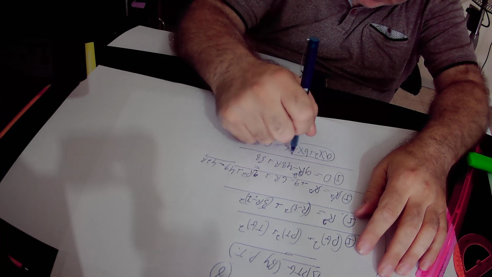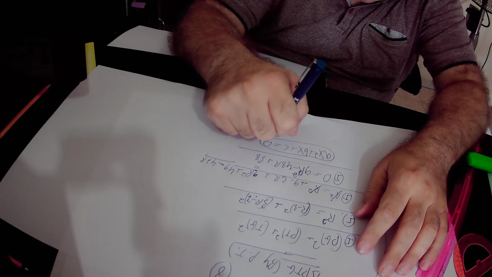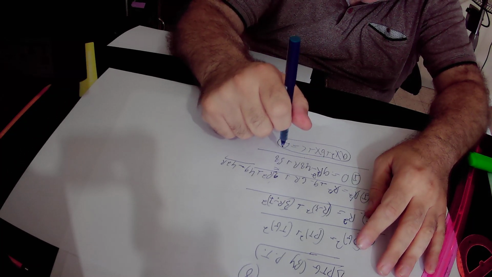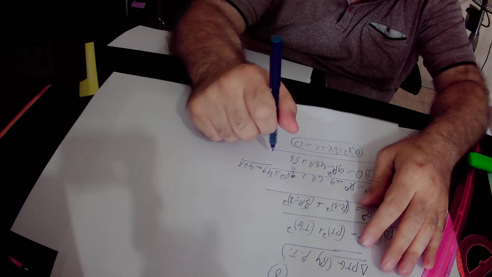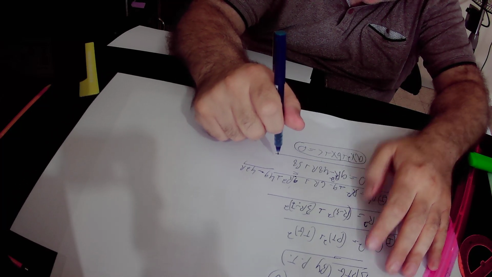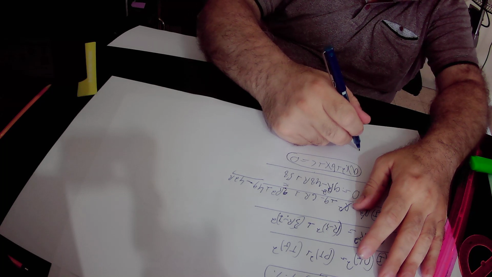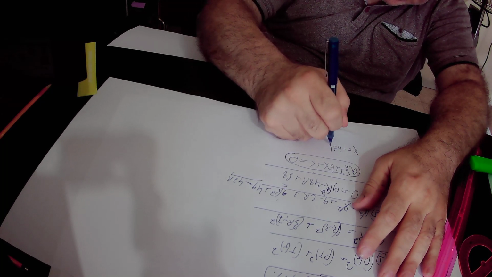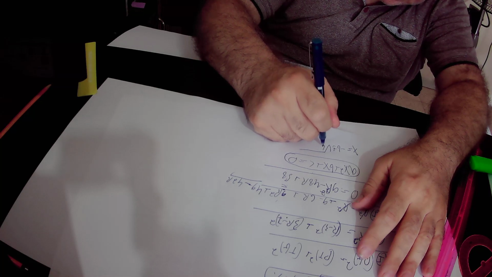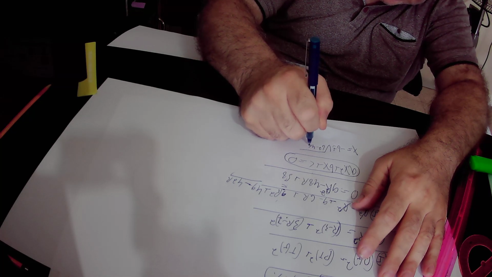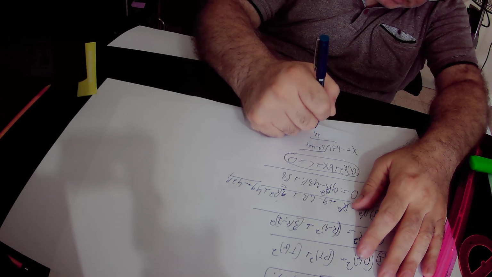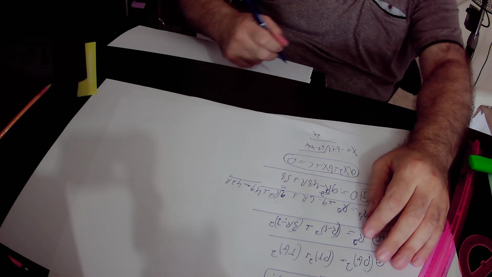Here a, b and c are the coefficients of the quadratic equation, and x is the variable that we are looking for, and we find the value of x according to a special formula. x equals minus b plus or minus the square root of b squared minus 4ac, over 2a. Okay.